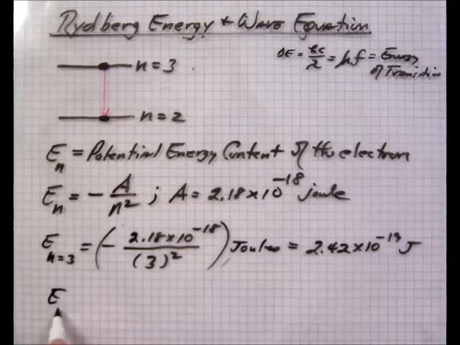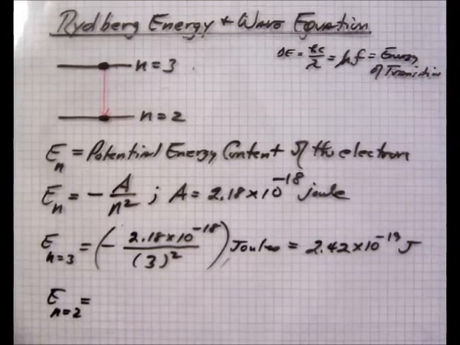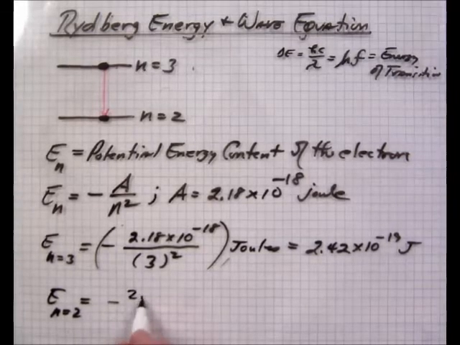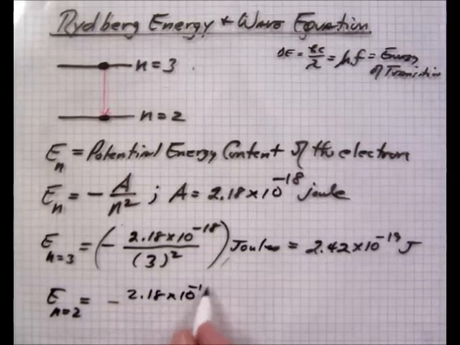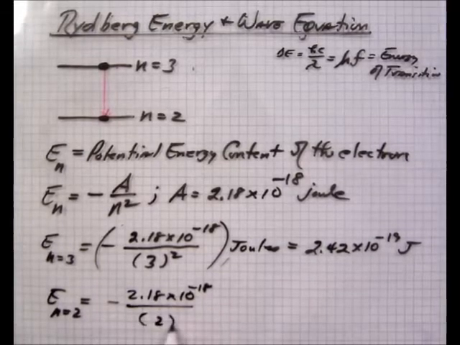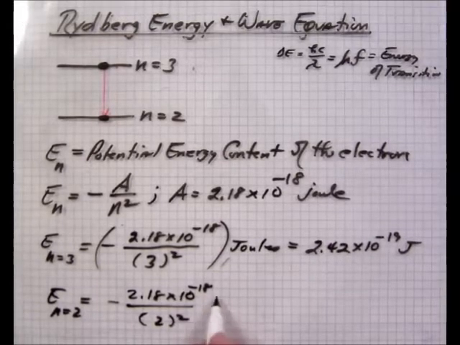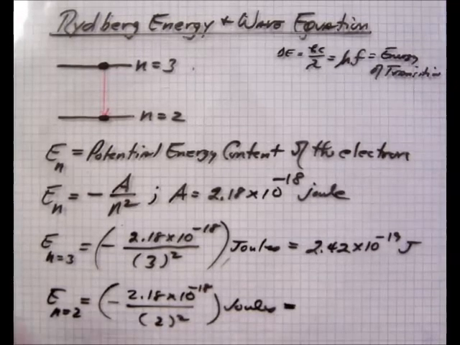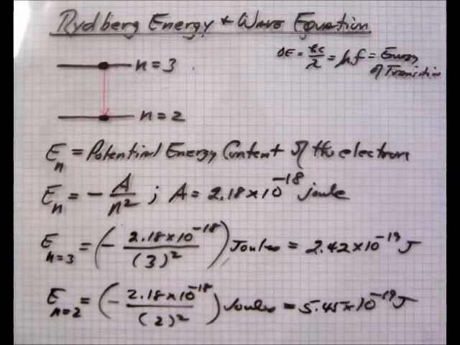All right, calculating the energy level in number 2 there. Number 2 is equal to minus, same thing, 2.18 times 10 to the minus 18th over 2 squared joules this time. Now that one comes out 5.45 times 10 to the minus 19th of a joule.